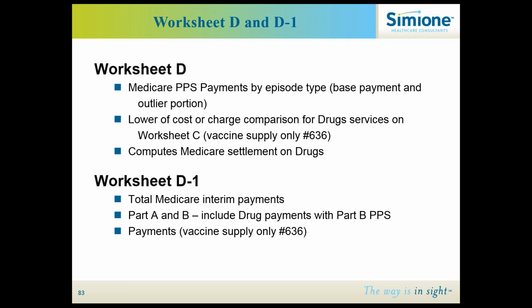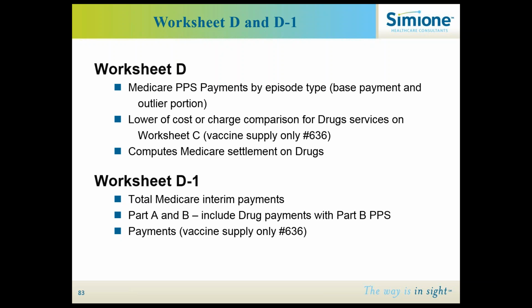Worksheet D, which would be imported, your PS&R imported, or to use your software, would give you all the information. When all said and done, the cost report should have no monies due to or from because you're reimbursed under prospective payment system. So if Worksheet S, at the very beginning, if you show an amount there, and you're going to get an edit that says there should be an amount there, ignore that.